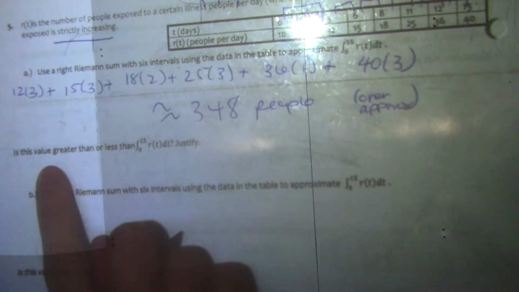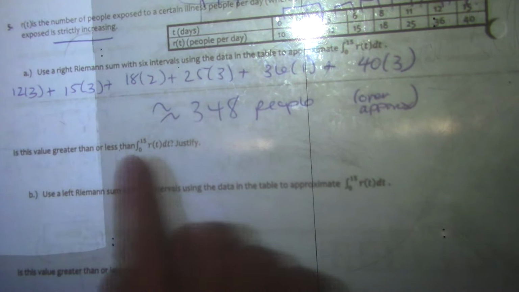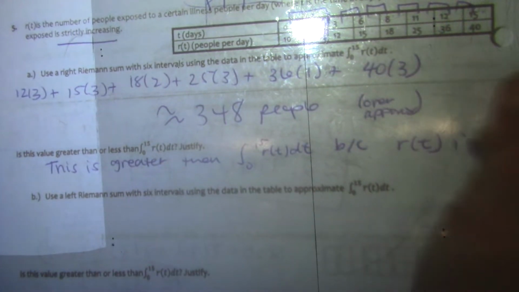So I'm going to make a note: this is an over approximation. Because this is an over approximation, this value is greater than the actual value. So this is greater than the integral from 0 to 15 of r of t dt because r of t is increasing.